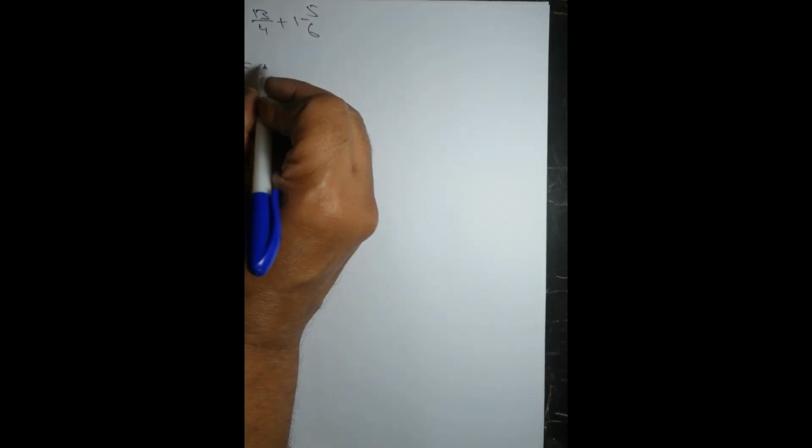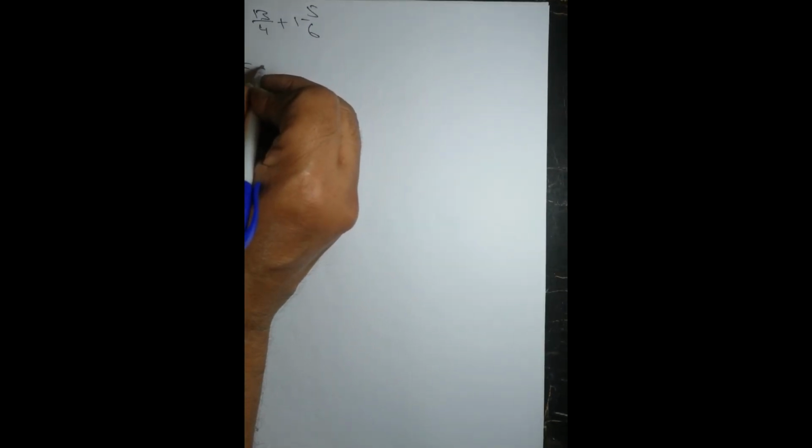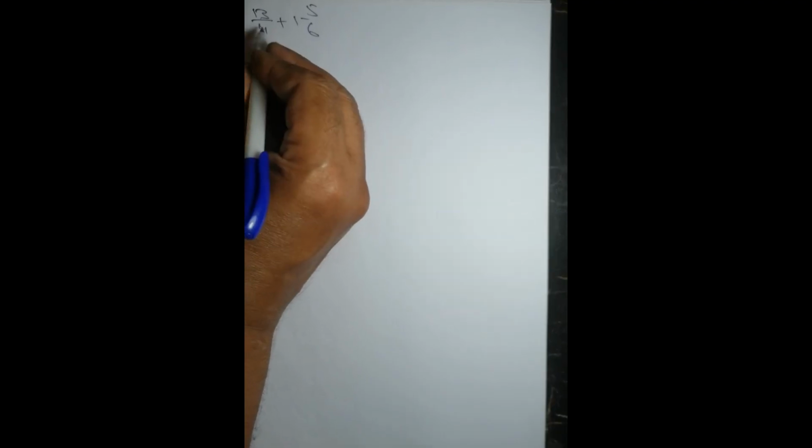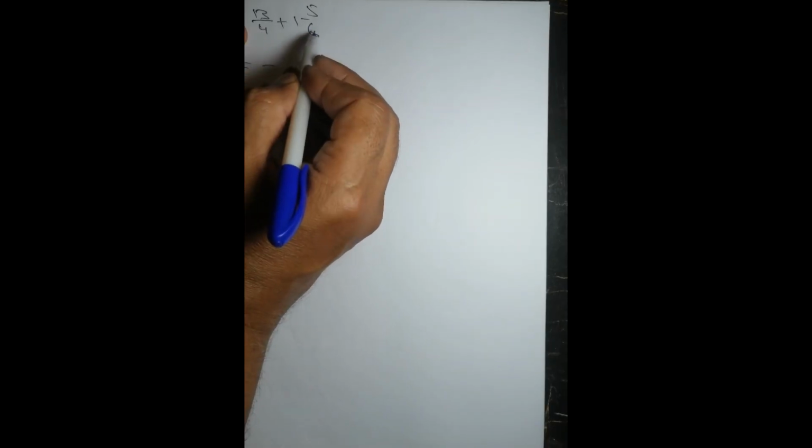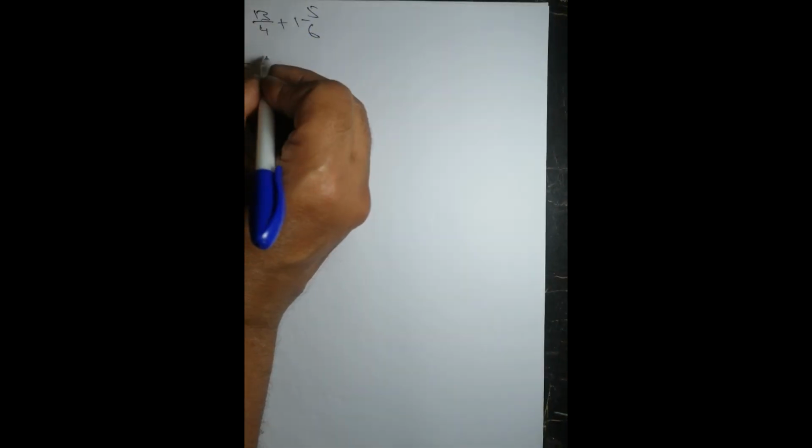This is the answer. Now part G of this question, 13 by 4 plus 1 whole 5 by 6. So we need to make the denominator the same again. Make it 12, because 12 will be divisible by 4 and 6. 12 will be the LCM.